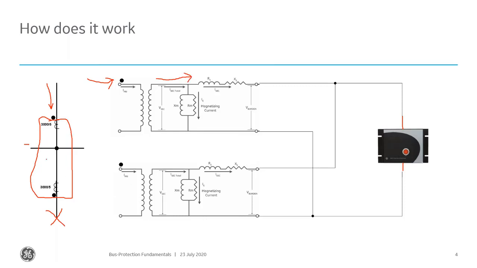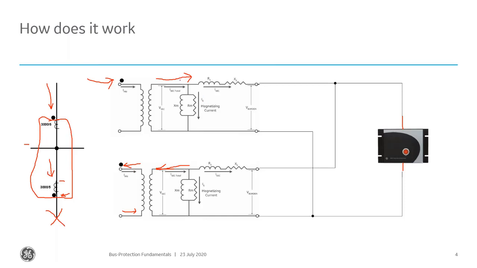Now, down here, that current's flowing in this direction, right? That means it's flowing in here. It means it's flowing out the dot here because the dot's away from the protected zone. That means it's flowing here, right? Which means it's flowing in here, which means it's coming in this direction, right?